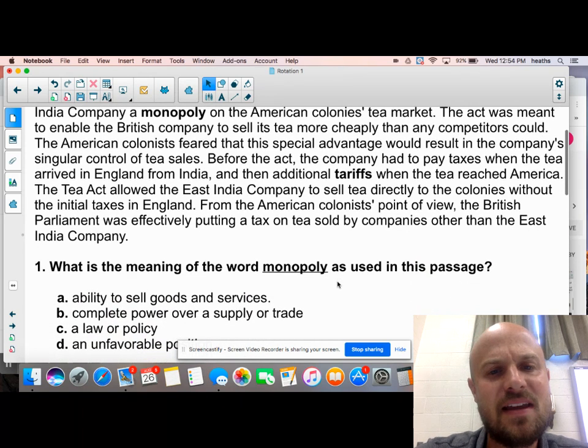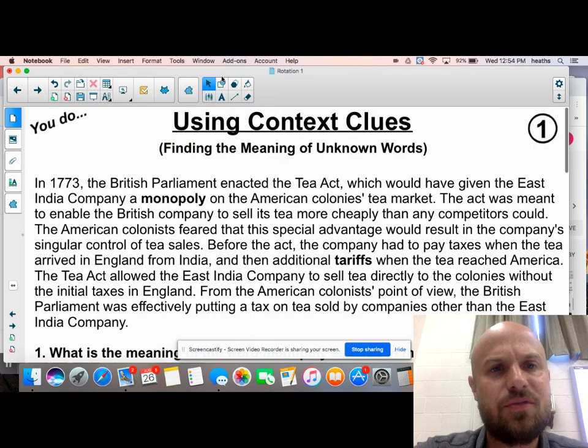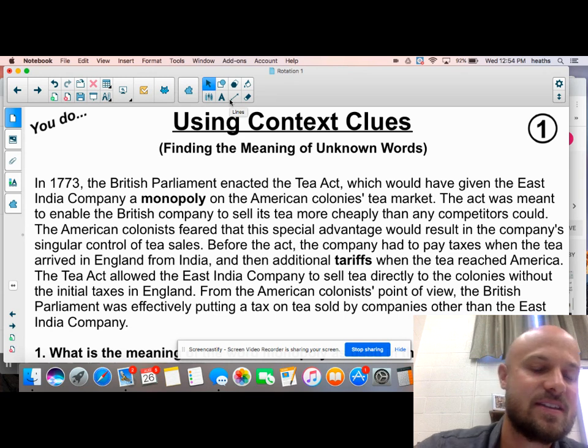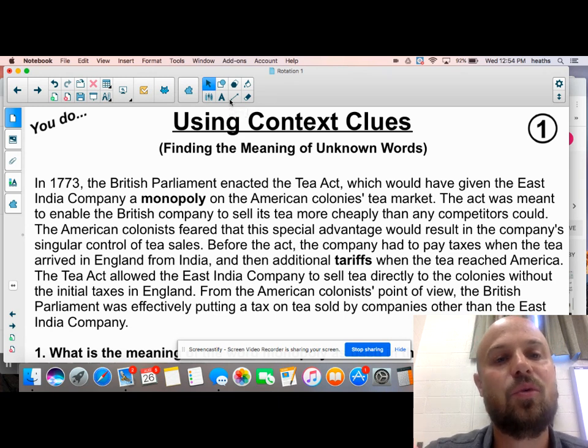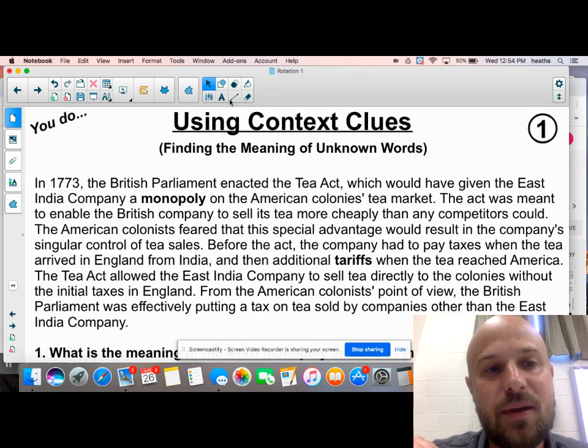So, what's the meaning of the word monopoly? First off, what I like to do is look at the sentence before the bold word, and then the couple of sentences afterwards. And typically, there will be something that pinpoints or explains what it means.